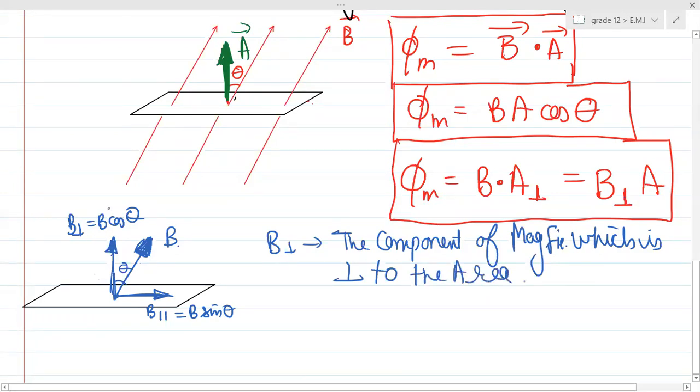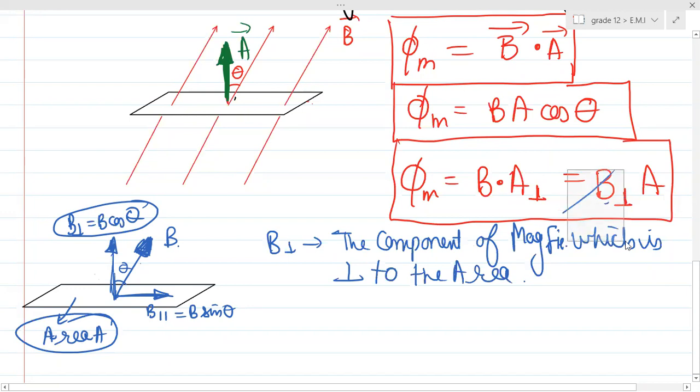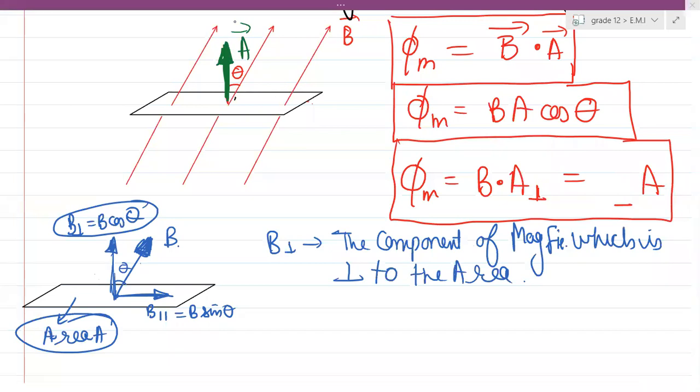So can you see basically this thing multiplied by the basically this one. Okay, is this clear guys? Now you understood this formula, B perpendicular.